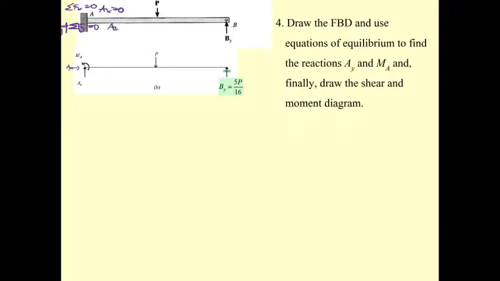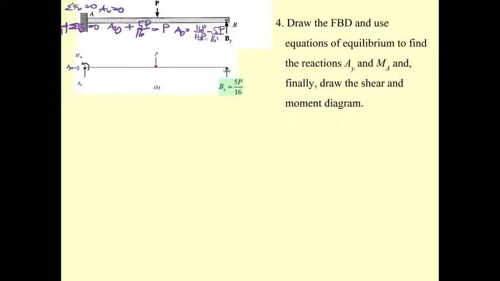So A_y plus this one 5P over 16 plus 5P over 16 is going to equal to downward, equal to P. So A_y equal to 16P over 16 minus 5P over 16.